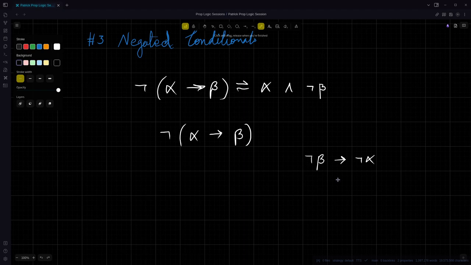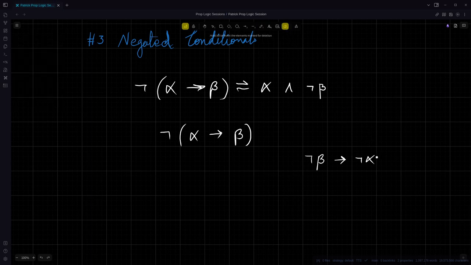I don't think we've done multiplying out conditionals yet.